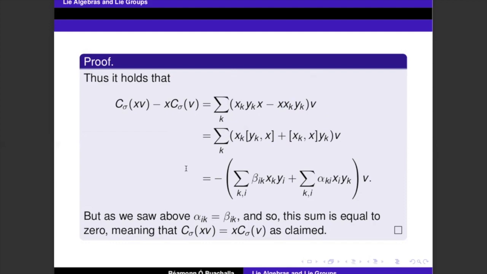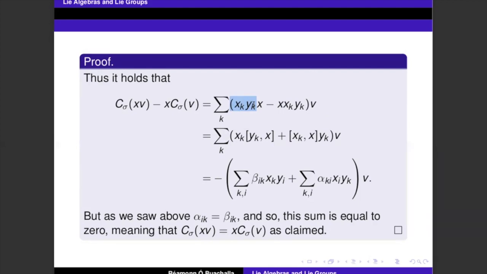So what do we do? We're going to write it like this as a commutator. Remember that this product is not a product inside the Lie algebra.